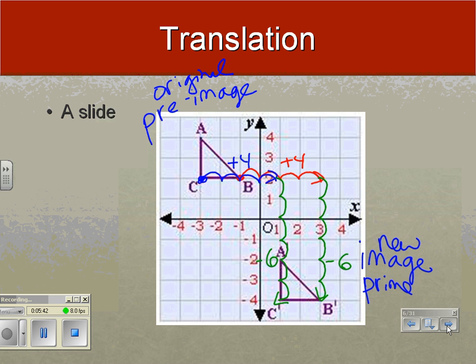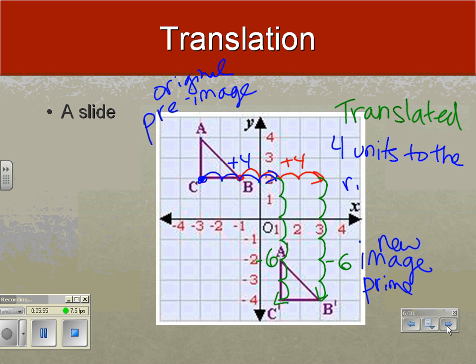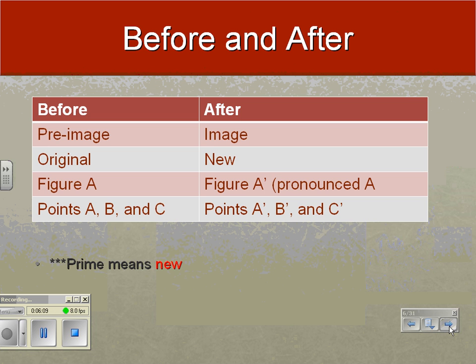Let's write that rule. So this was translated 4 units to the right and 6 units downwards. You want to fill this in on your notes page.